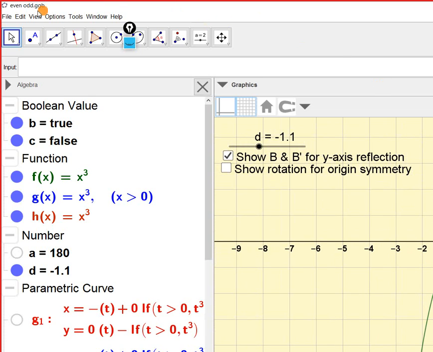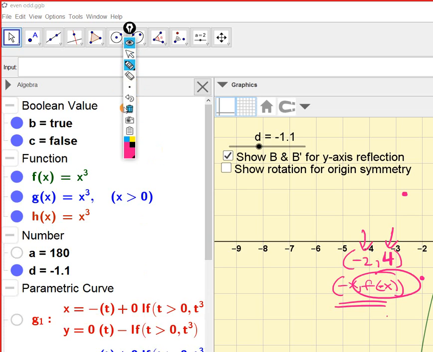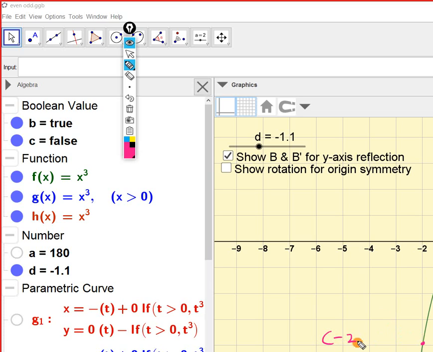All right, so we have the point (2, 8) on x cubed, right? So (2, 8) there, and down here we have (-2, -8). We okay with that?